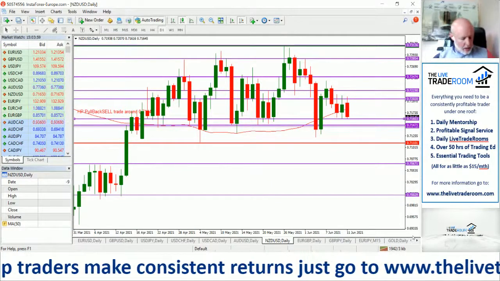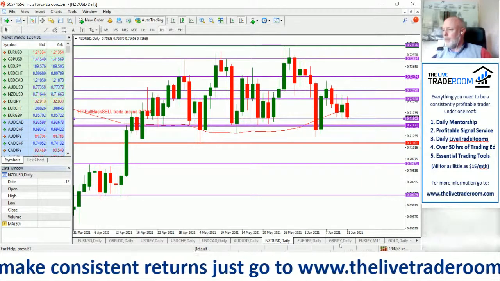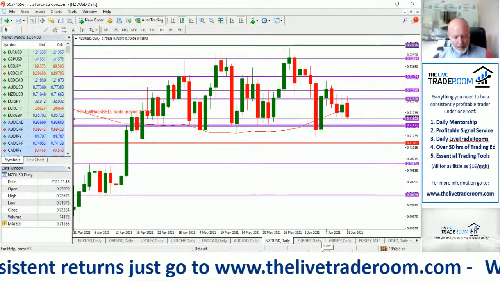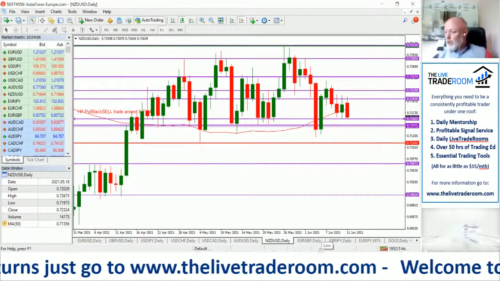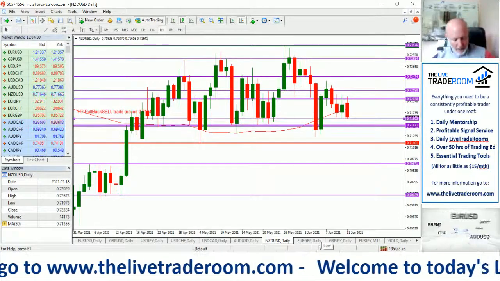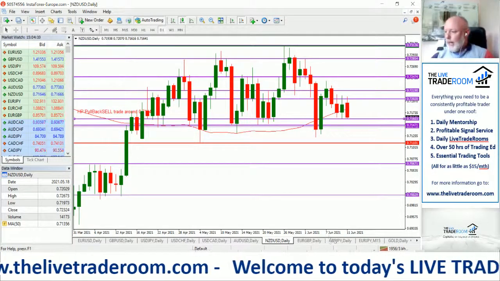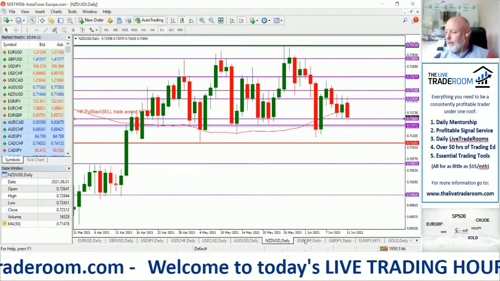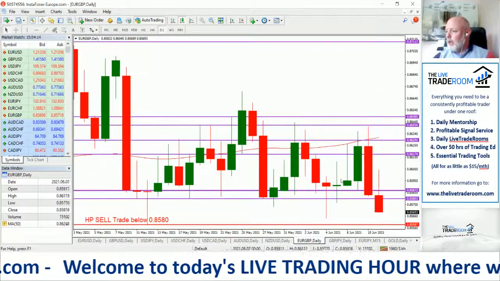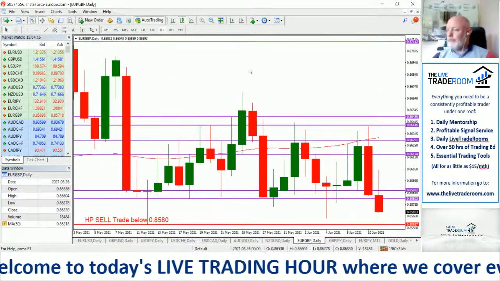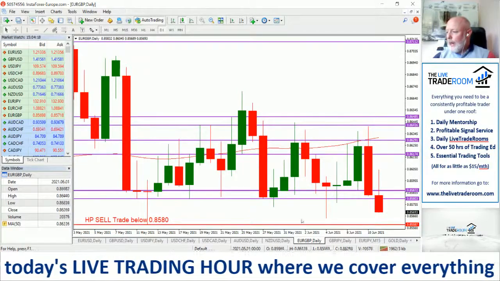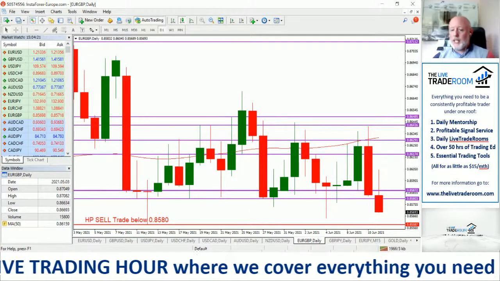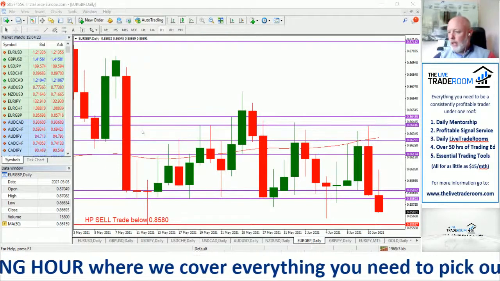So let's take a quick look at this. We'll see if we get a little breakout move in these markets in favor of that dollar strength. So let's see if we have that opportunity or not. The euro pound, we're seeing the pound actually strengthen quite considerably.